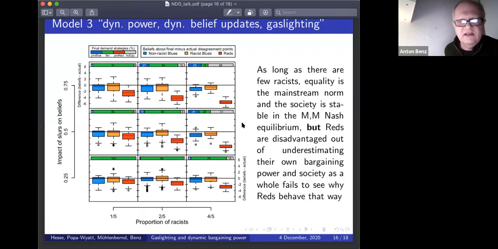Maybe I have a very short question, so if you can answer shortly. As I understand it, in most simulations the game ends up in the MM, the fair distribution. So you could argue the only thing that I'm interested in as a player is to get in the end the same share of the pie. I want to have half of it, and the other half is for the other one.